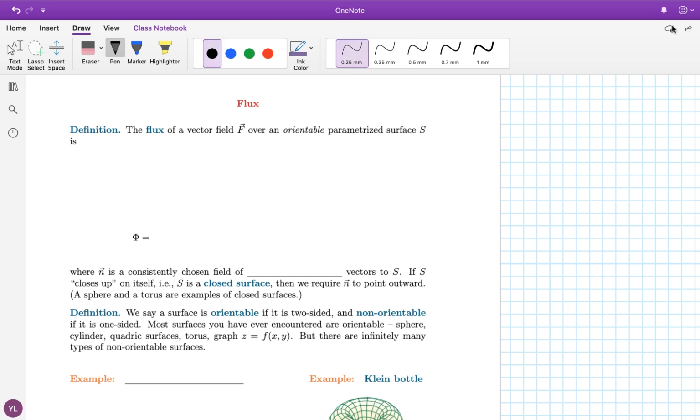One use of a surface integral is to compute the flux or the flow of a vector field across some sort of permeable surface. So imagine I have a surface like this, and it's like a net or something, and fluid could kind of flow through it. And I have some sort of vector field that represents some sort of fluid flow. So imagine this in 3 dimensions, and my vector field is flowing through the surface.